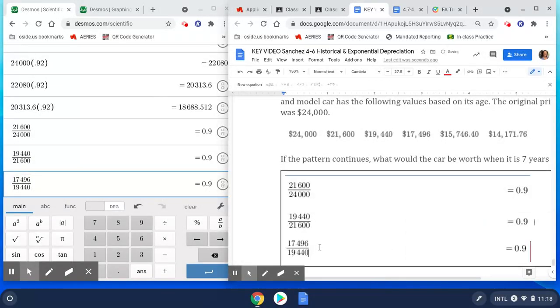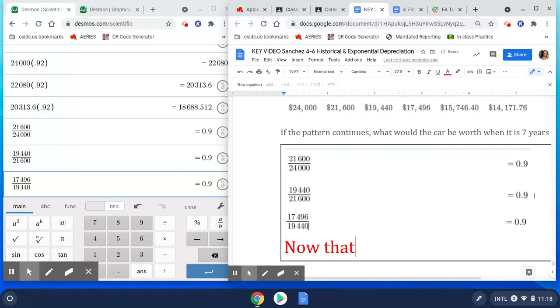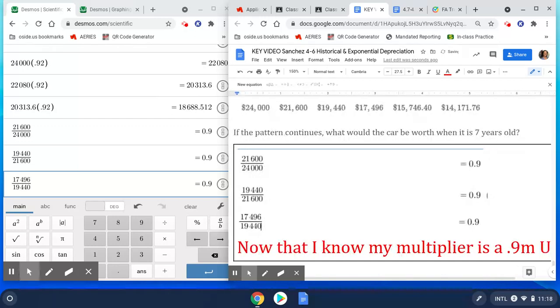So now that I know my multiplier, I can continue the pattern.